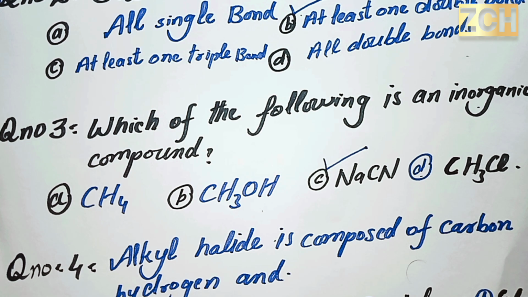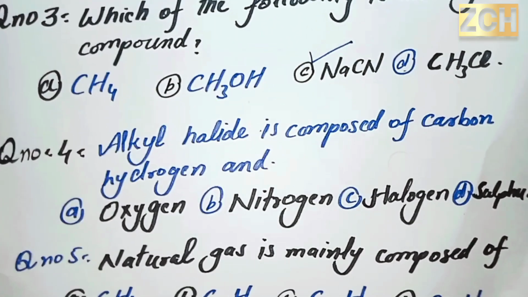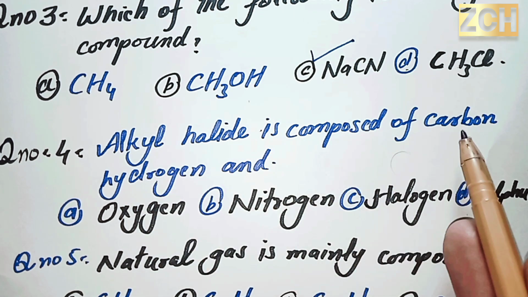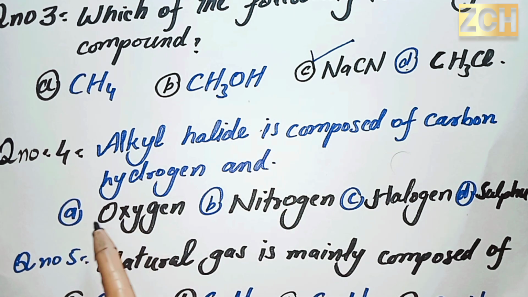Question 4. Alkyl halide is composed of carbon, hydrogen and: option A oxygen, option B nitrogen, option C halogen and option D sulfur.